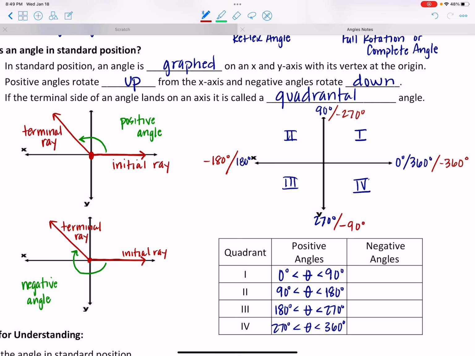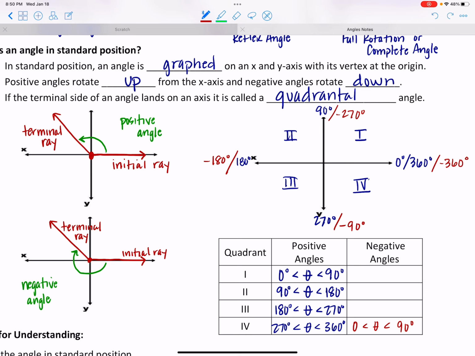So if we're looking at negative angles, this time it's in quadrant 4 where we have the acute negatives. So this is where we're going to have 0 less than theta less than 90, so between 0 and negative 90. Quadrant 3 is where we're between negative 90 and negative 180. I should make negatives here, not negative 0.